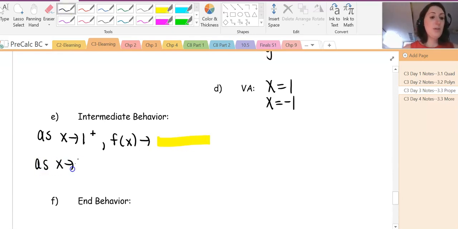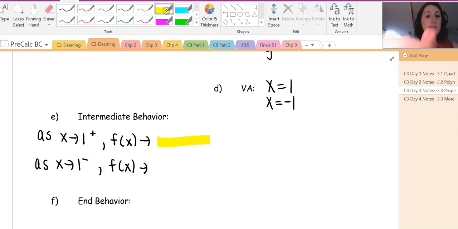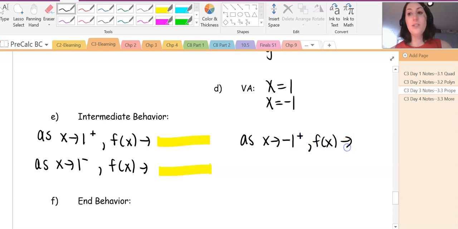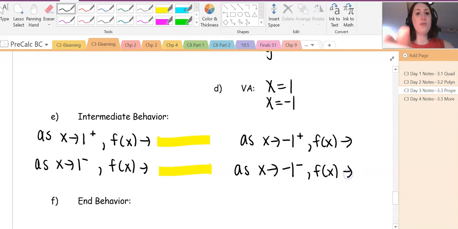As x approaches 1 from the left, f of x approaches, we'll figure out what that is. And then, lucky you, you get to do the same thing for x equals -1. So as x approaches -1 from the right, f of x approaches. This can get a little intense. As x approaches -1 from the left, f of x approaches. I know that looks really obnoxious.